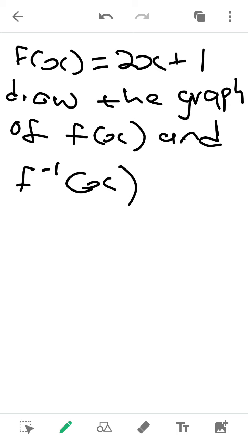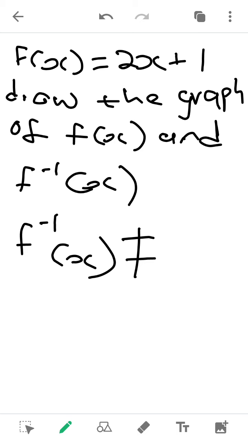Please, there's a difference between the reciprocal of f of x and the inverse. The inverse of f of x is not equal to the reciprocal of f of x. Please bear in mind.